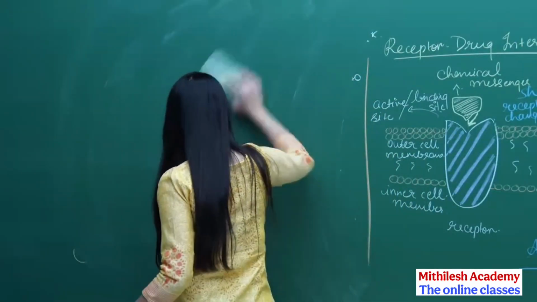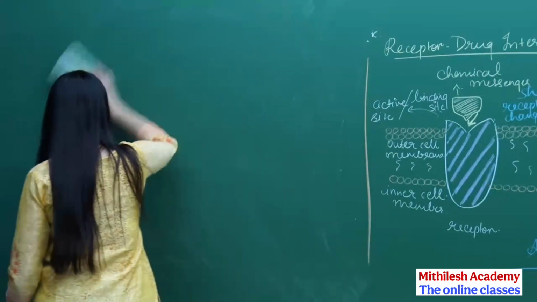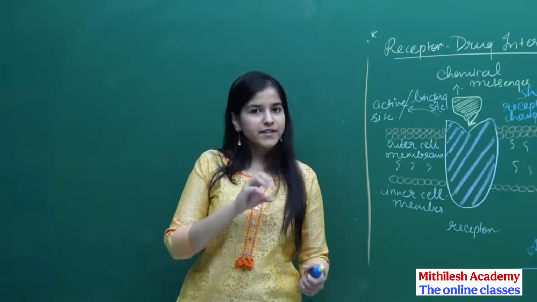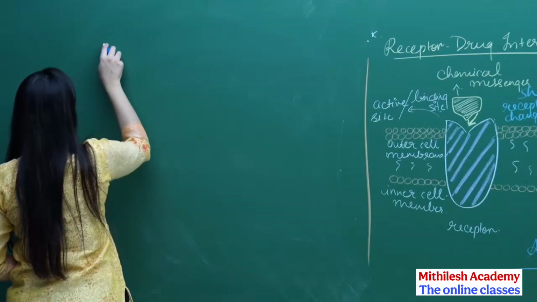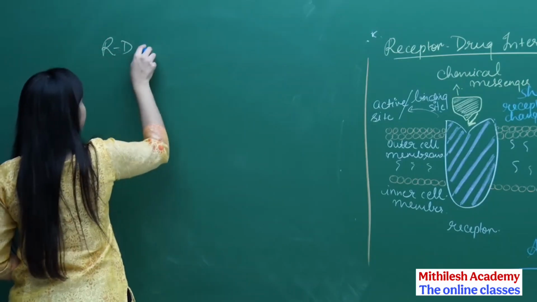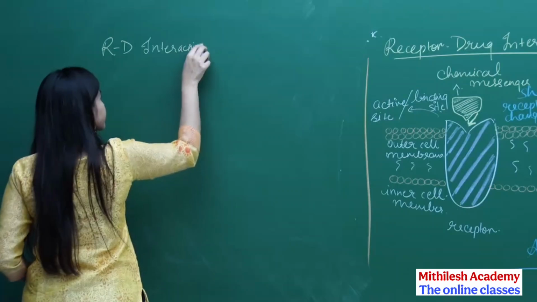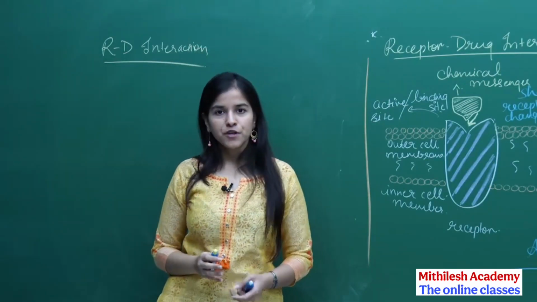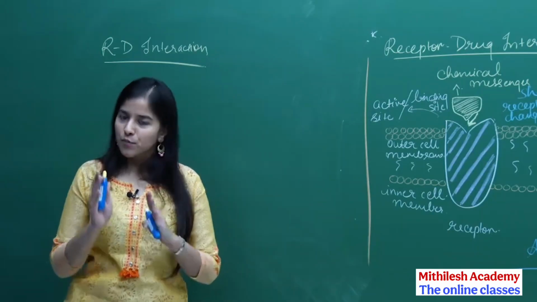Now what happens whenever there is the action of a drug? So again, just like in the case of enzyme drug interaction, we have the receptor drug interaction as well. So here what will happen? RD interaction I am writing. So what can possibly the drug do? So the drug can, first of all, inhibit the function, block the active site.